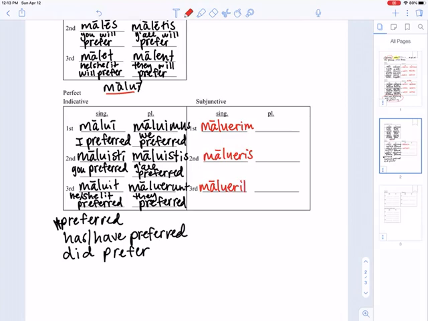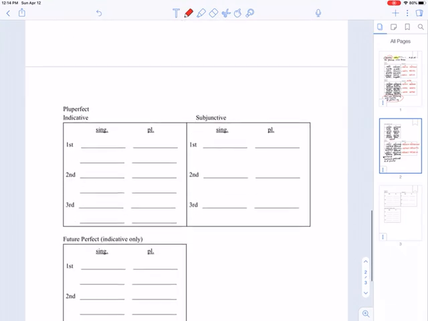Maluerit. Maluerimus. Malueritis. And Maluerint. Okay, and those are our perfects. So let's move on to pluperfect.